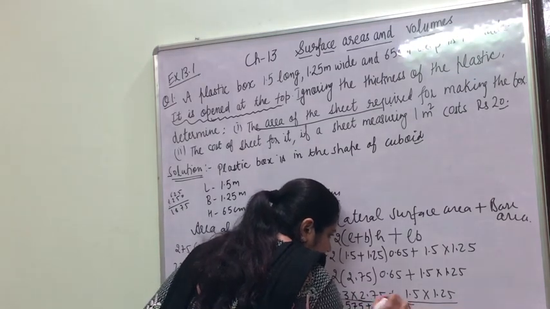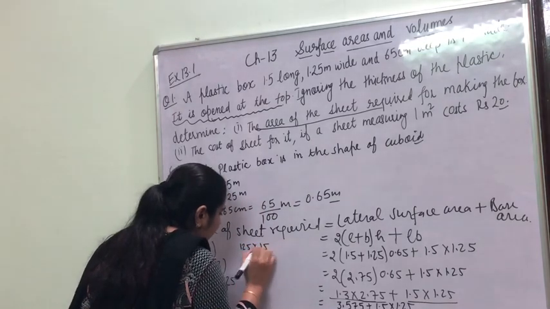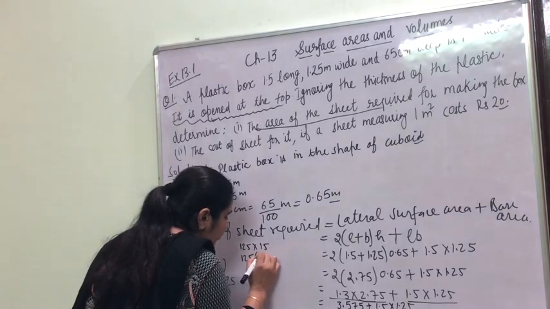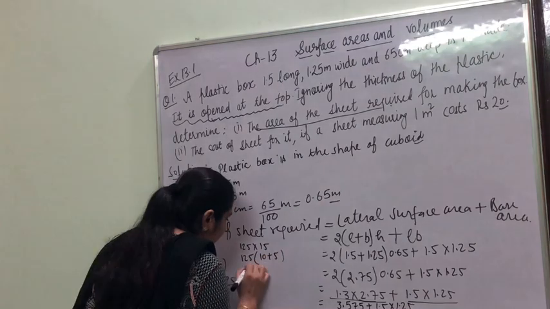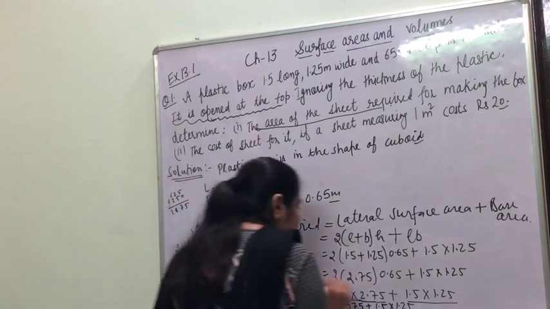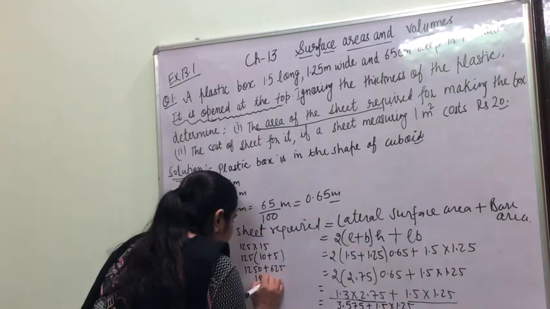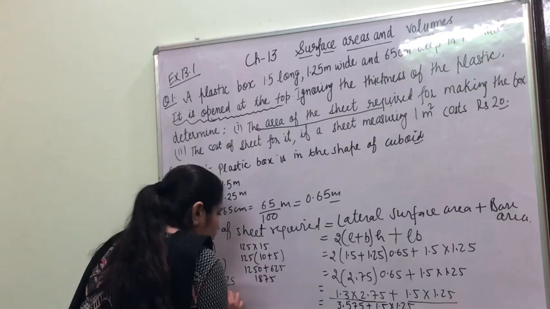Here I am doing the calculation work. 125 into 15, again I am applying distributive property, 10 into 125, 1250, plus 625, which is equal to 1875.